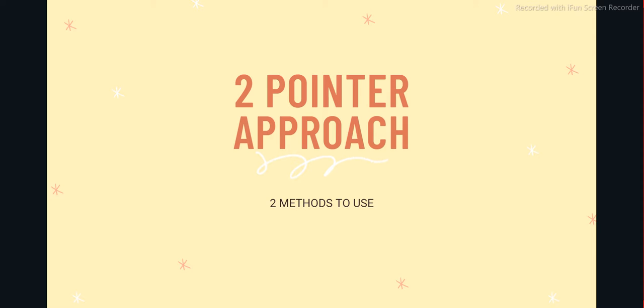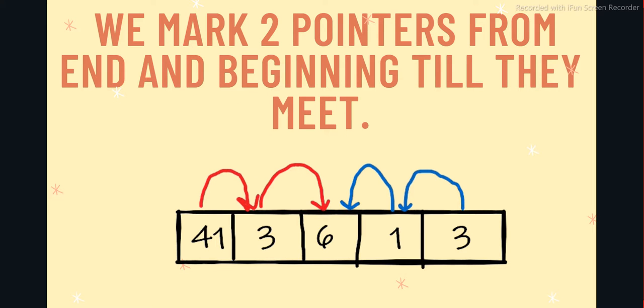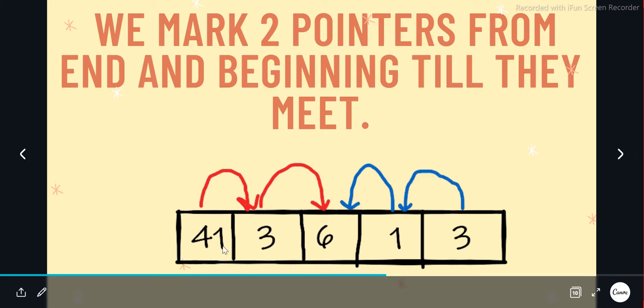Now let's move to the two pointer approach. Here are two methods of two pointer. This is not related to our problem right now. I will be focusing on two pointer only, what it is and everything about it. So two pointer has two methods. First, we mark the two pointers at the end and the beginning. Here we have 41 as start and 3 as end.